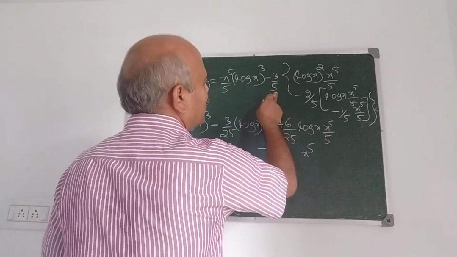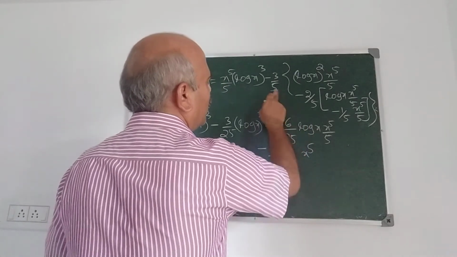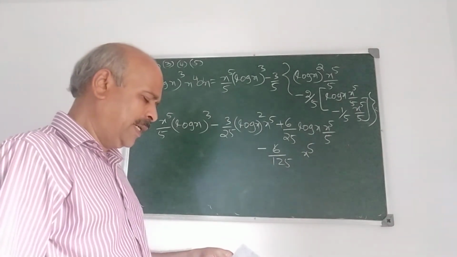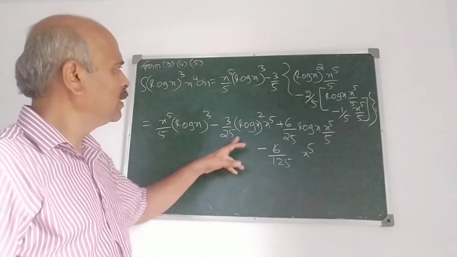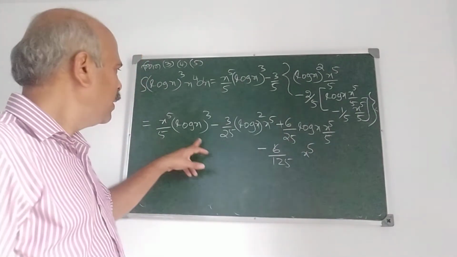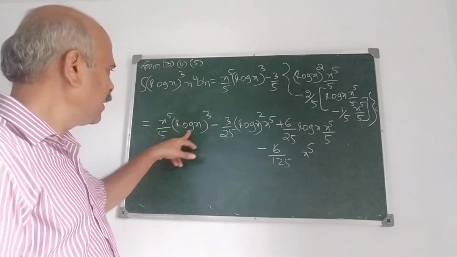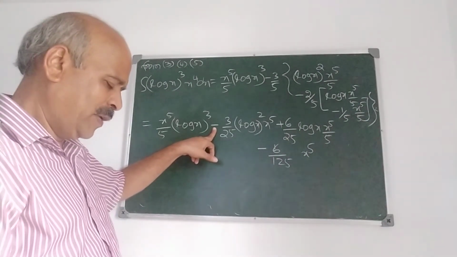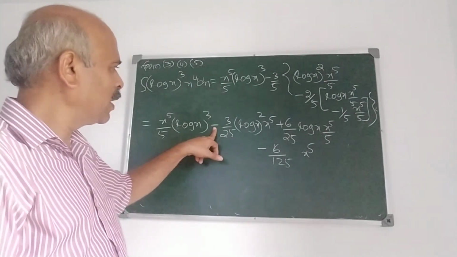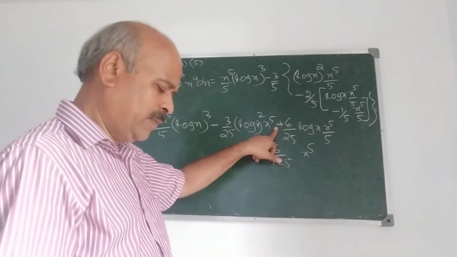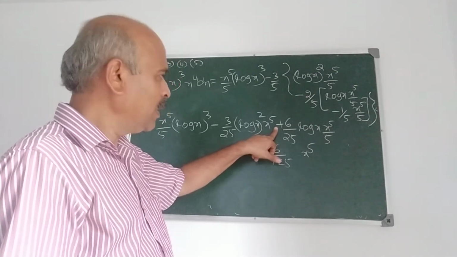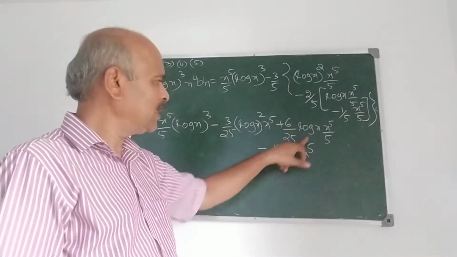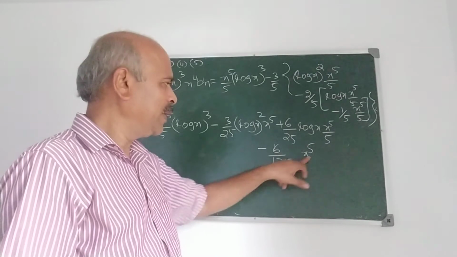It is also 125, it is 5 into 5. 6 by 25, 6 by 125. Is it correct now? So I verify this. X raised to 5 by 5 log x cube minus 3 by 25 x raised to 5 log x square plus 6 by 125 x raised to 5 log x minus 6 by 125 x raised to 5.